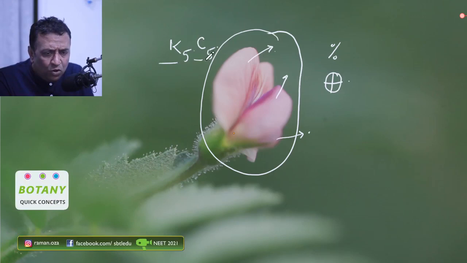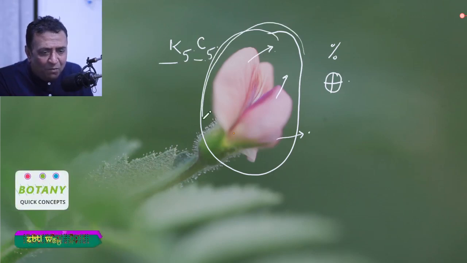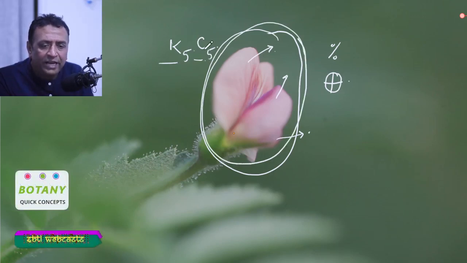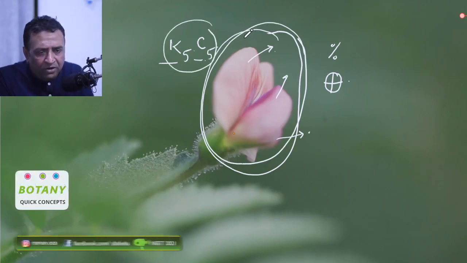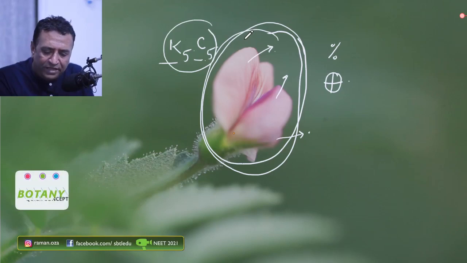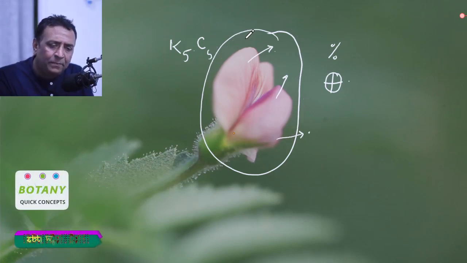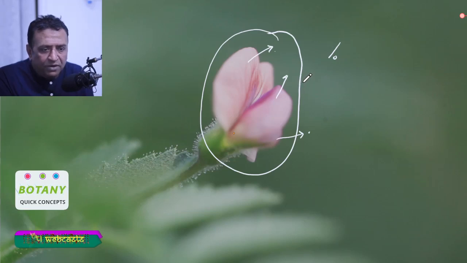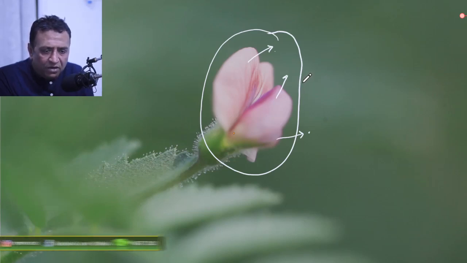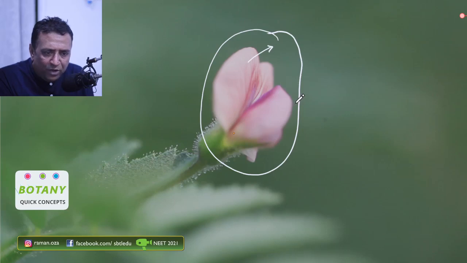So this is how we represent a flower symbolically in a floral formula. We will go to its details later on. But for now, just understand one thing, that this is a typical flower of Fabaceae family with a few features I explained here.